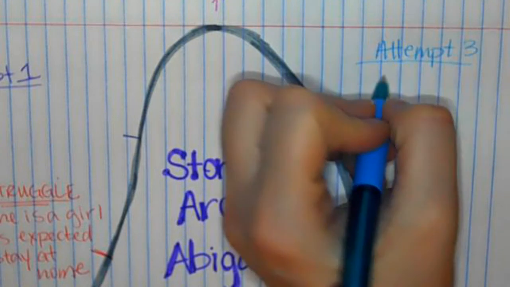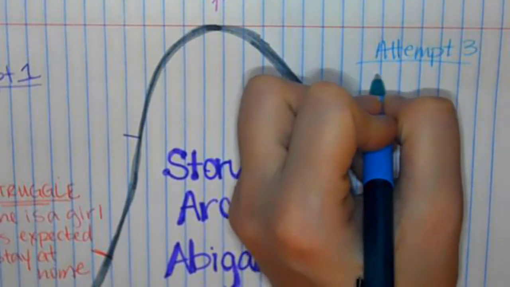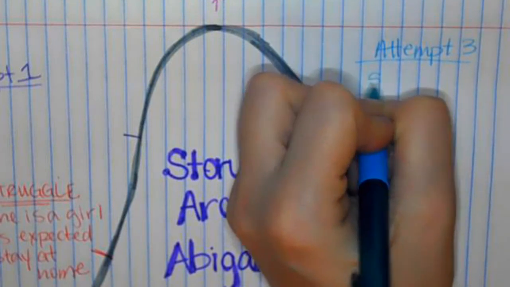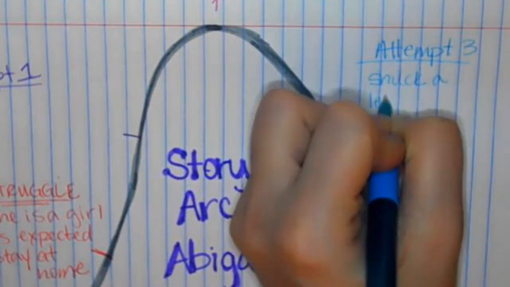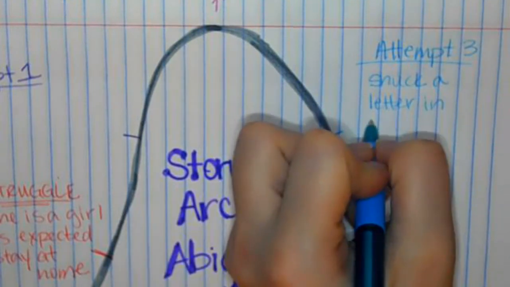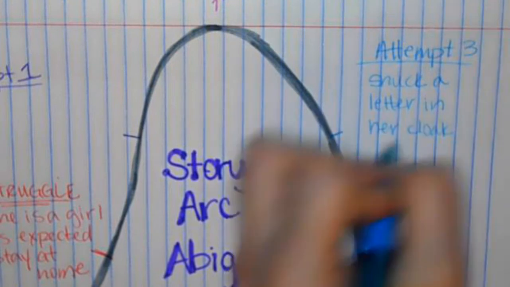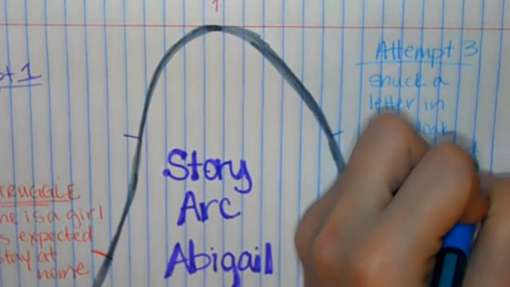So we're going to have that her third attempt is she snuck a letter in her cloak to her dad. That's going to be my attempt 3.